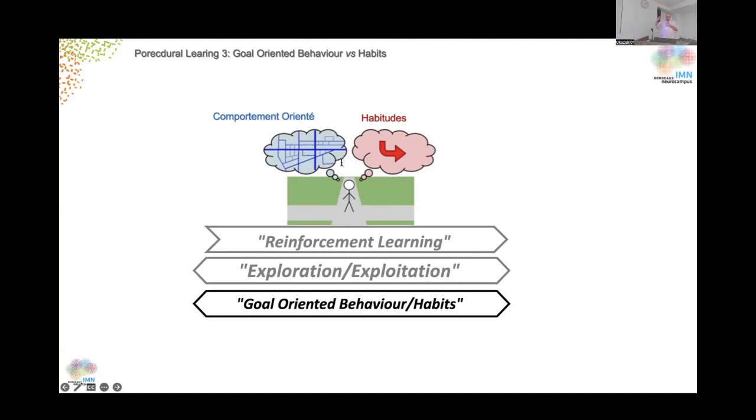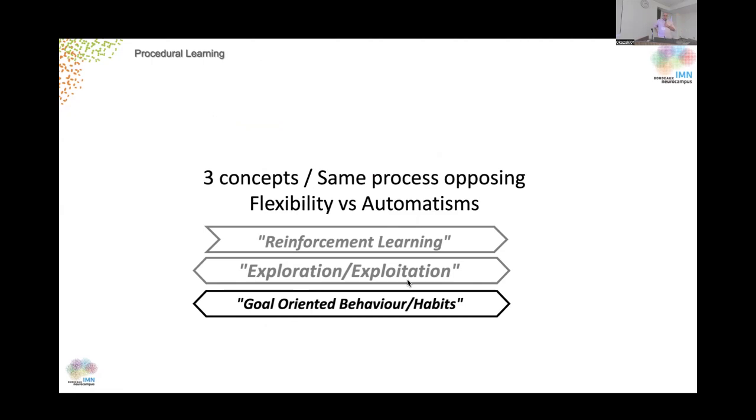But after a few days, you will be able to do this habitually without thinking about it. It's only if something happens, like a roadblock or new paths that open, that you will have to switch from habits to goal-oriented behavior. And again, it's a trade-off between two behaviors, so you can go in both directions, switching from goal-oriented behavior to habits or from habits to goal-oriented behavior. So these three frameworks share the same process, opposing flexibility and automatism.